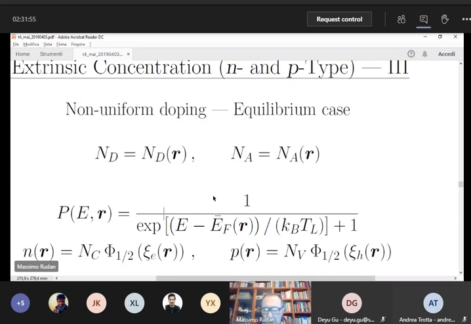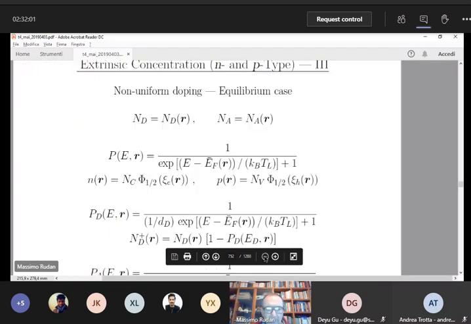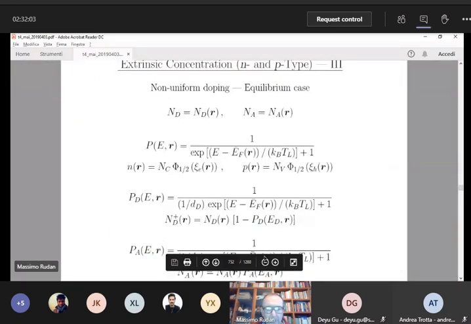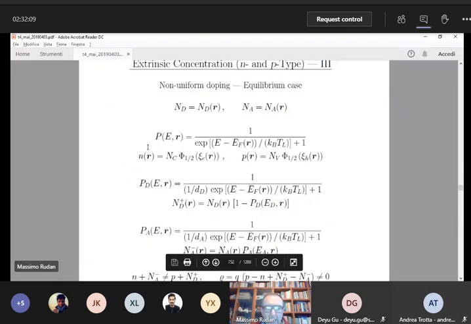But you may also observe that when you calculate a concentration, what you do is actually integrating over energy, okay? So it doesn't really matter whether here you have a constant or a function, because you are integrating over the other variable, energy, when you calculate the concentration.